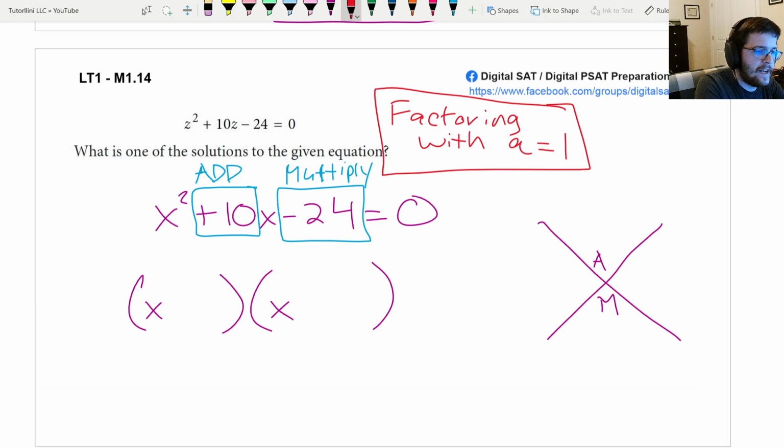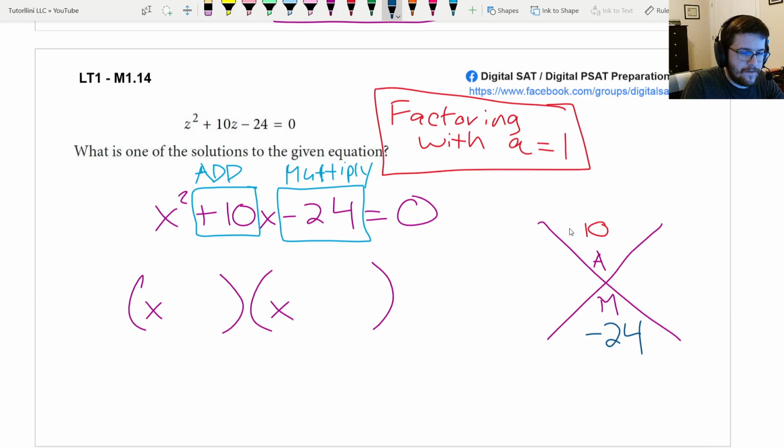So it has to add to 10 and multiply to negative 24. You kind of just have to start brainstorming factors of 24. So like 1 times 24, 2 times 12, 6 times 4, 8 times 3, all that stuff. And then think what kind of variations, positive or negative, will give me a sum of 10 and multiply to negative 24.